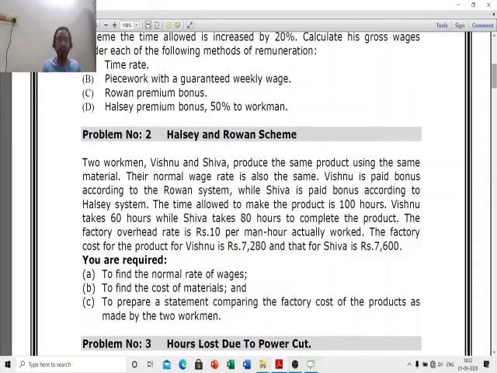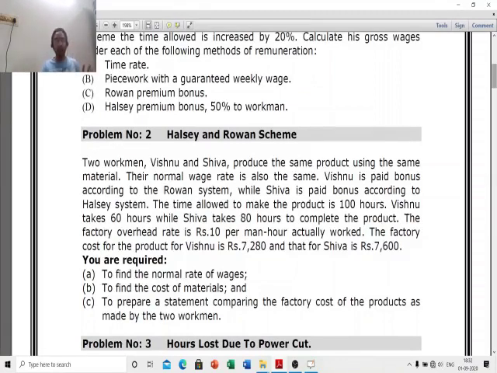The factory overhead rate is rupees 10 per man hour actually worked. The factory cost for the product for Vishnu is 7280 and that for Shiva is 7600. You are required to A, find out the normal rate of wages, B, find out the cost of materials, and C, prepare a statement comparing the factory cost of the products as made by the two workmen Vishnu and Shiva.